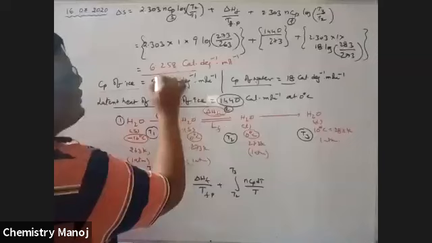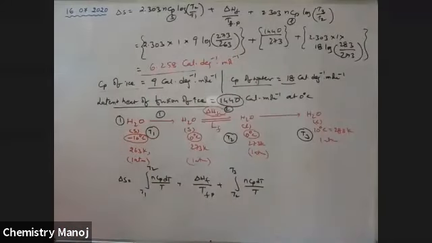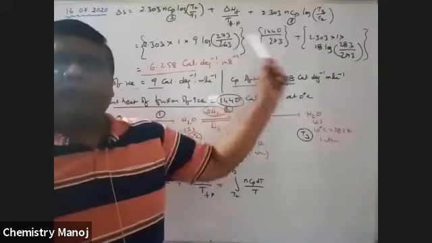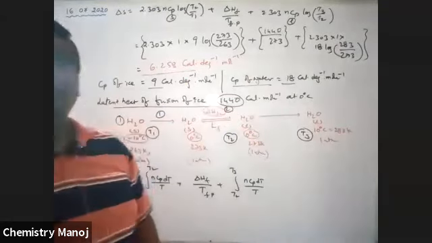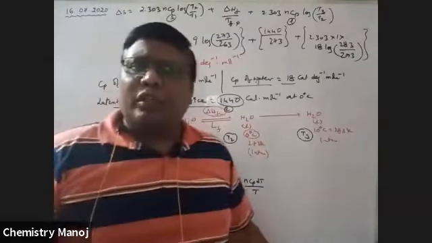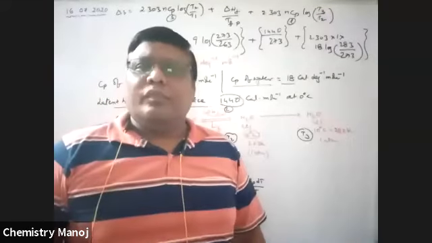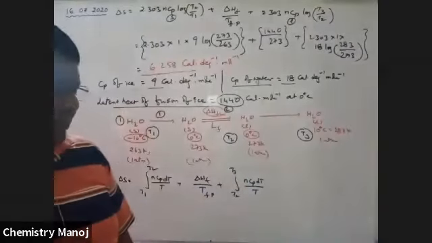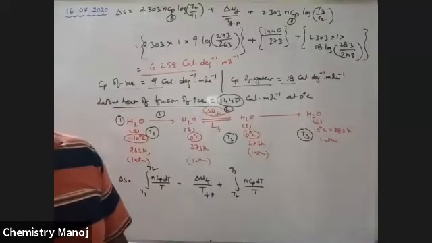Please calculate the logarithm values and everything, my dear boys. In exams, these values will be given. Cp values too. Kelvin or degree centigrade, both are the same, no problem. Okay.